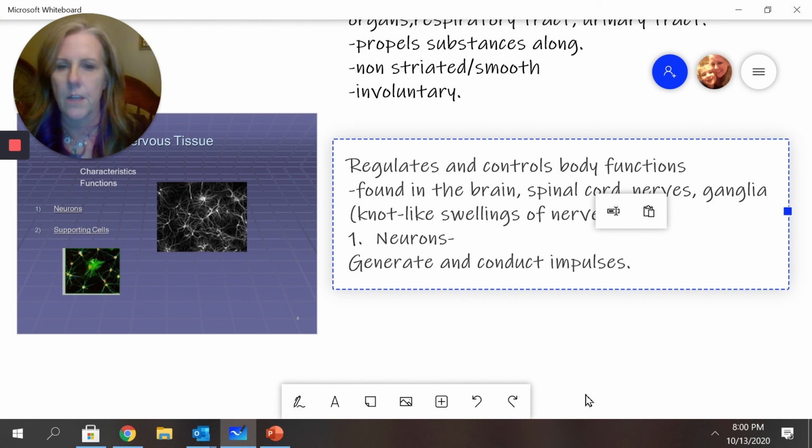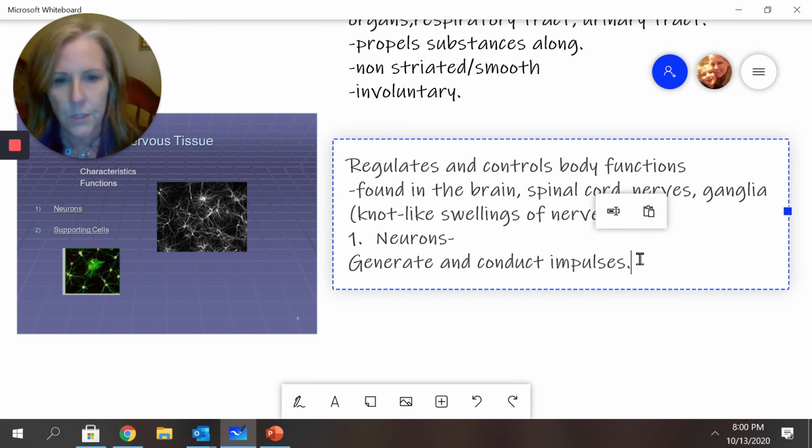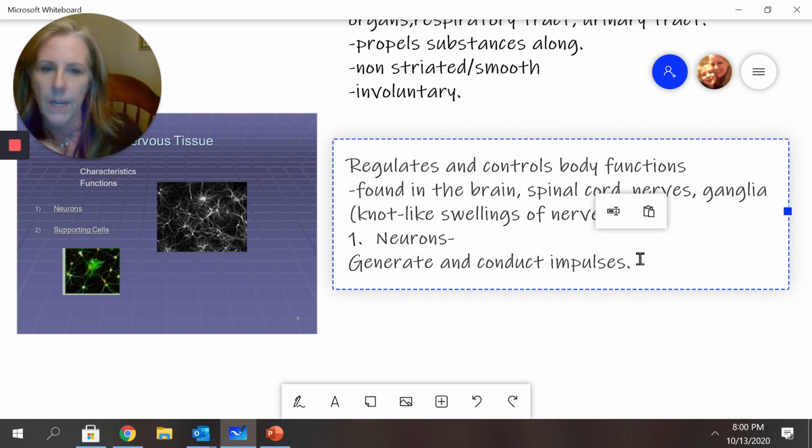They generate and conduct impulses. So if we had to pick the star of the nervous tissue, it's going to be the neurons. Neurons get all the attention, because even when we think of nervous tissue, we imagine neurons and the impulses that are generated along those neurons. So they really are the star of the tissue. They generate and conduct nerve impulses.